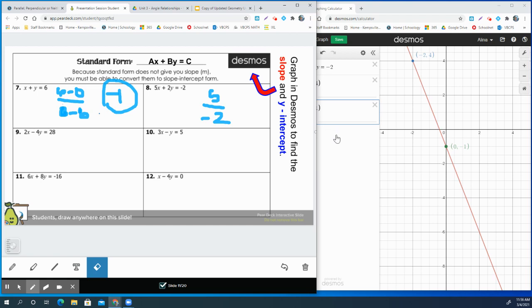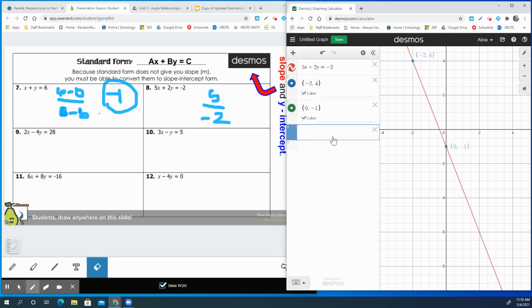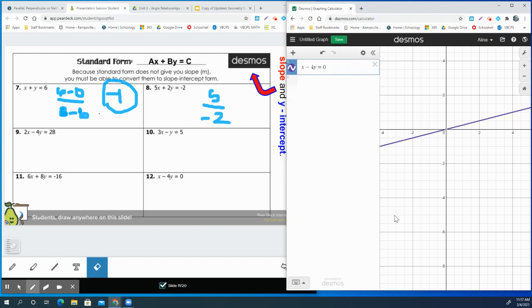Okay, let's try one more. What equation do we want to do? 12? Okay. x minus 4y equals 0. So what do I need to do with that? We got a good point.